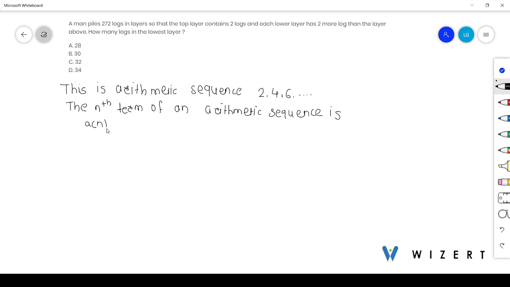a of n equals a of 1 plus n minus 1 into d, where a of 1 is the first term, here it is 2, and d is the common difference.